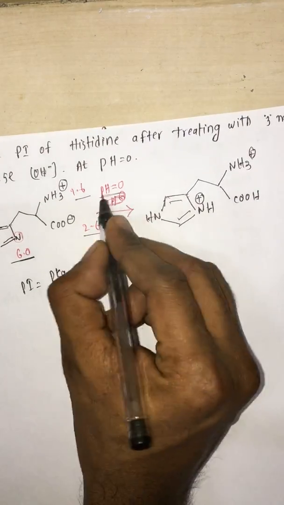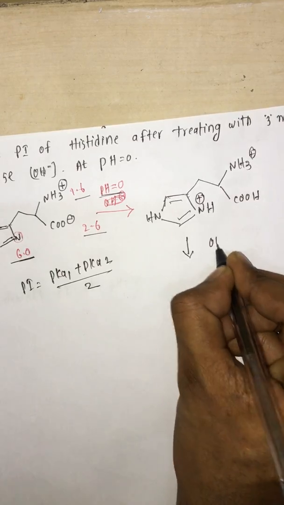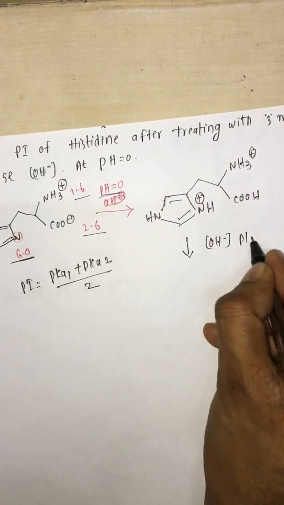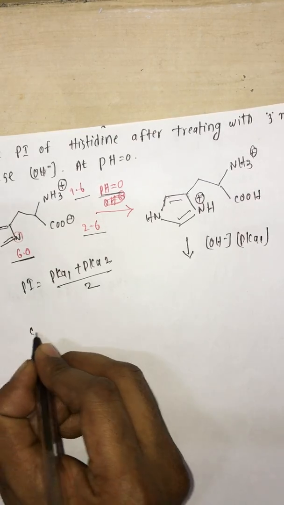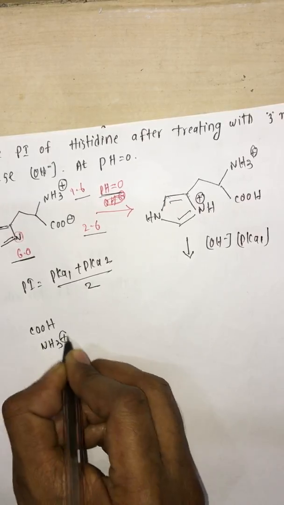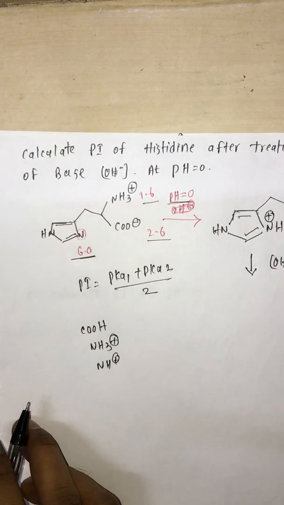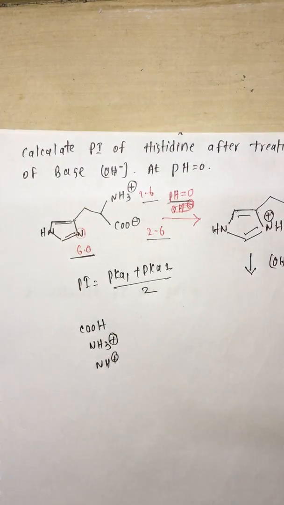At pH 0 it exists like this. Now we have treated with 1 mole of OH-, so this will be pKa1. Here we have the carboxylic acid, NH3+, and NH+. Remember which one is more acidic here.